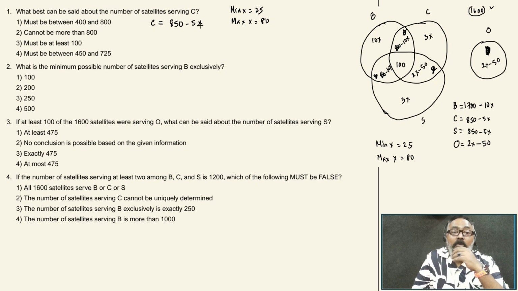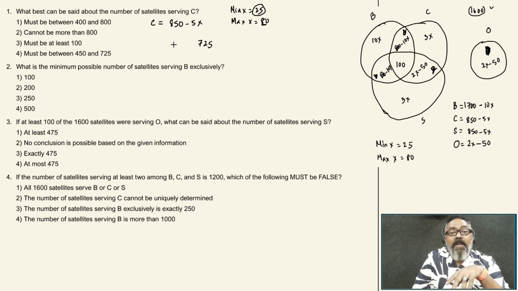Let's put the minimum value, x equal to 25. 25 into 5 is 125. 850 minus 125 will make it 725. So one end of the range is 725. Now if we put x equal to 80, 8 fives are 40, so 400. 850 minus 400.